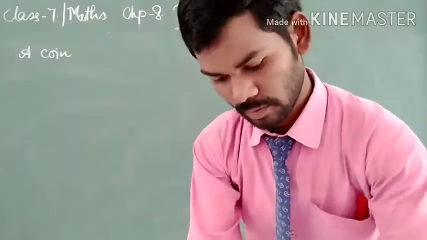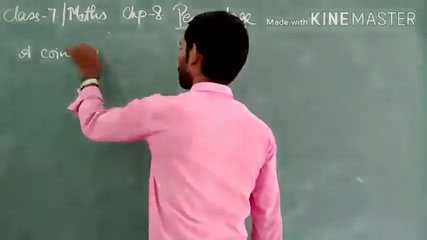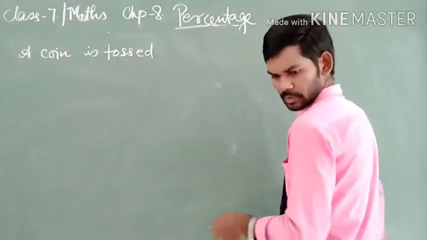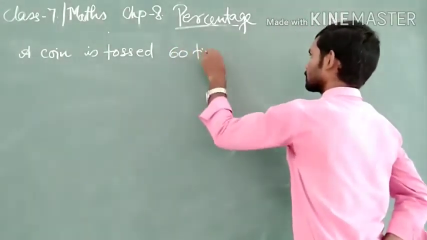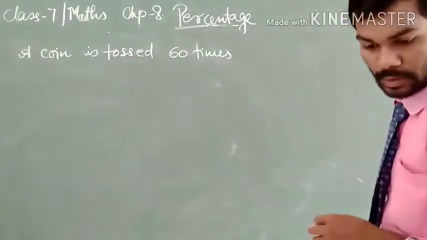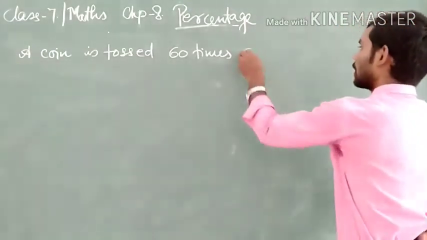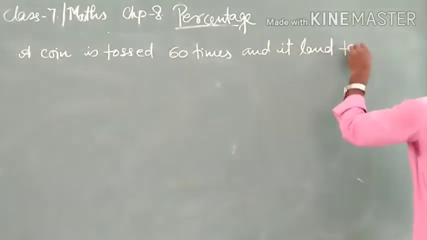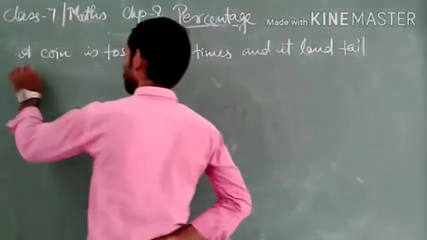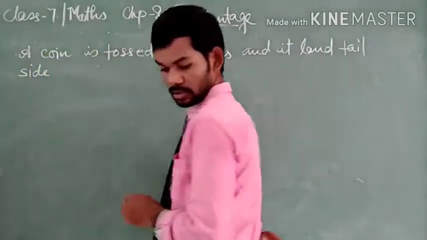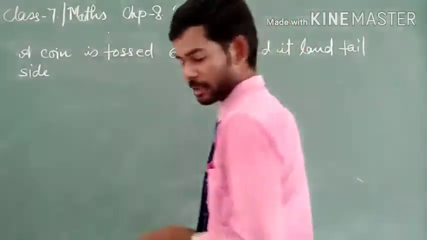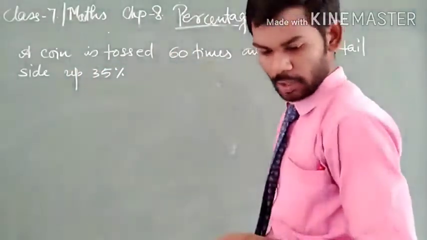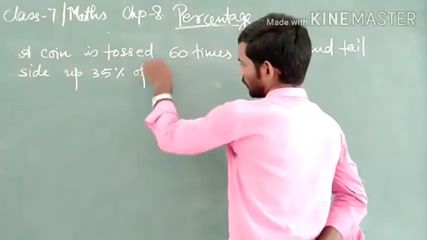A coin is tossed 60 times, and it lands tail side up 35% of the time.